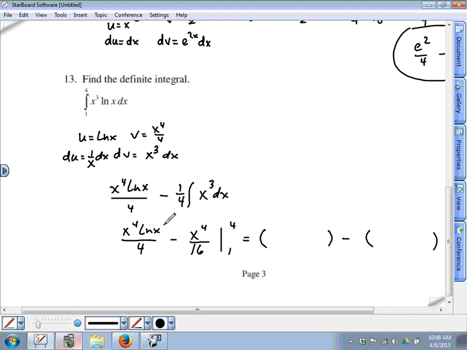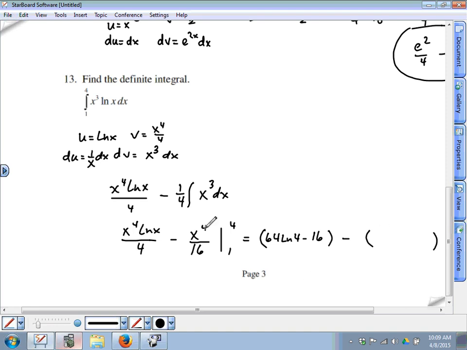So when we plug in 4, we're going to have 4 to the fourth power divided by 4 to the first power. That's 4 to the third power, which is 64, times the natural log of 4 minus 4 to the fourth power over 16, which is 16.